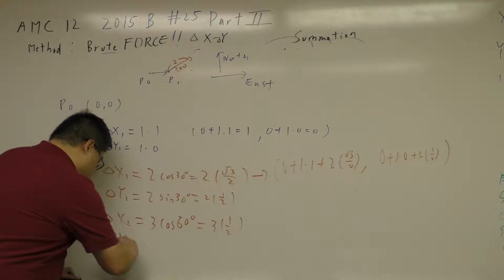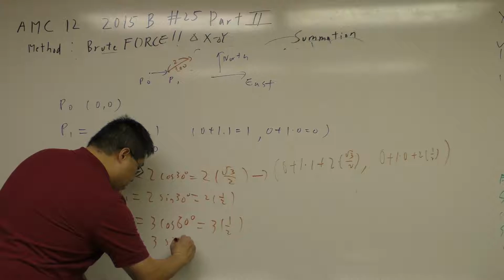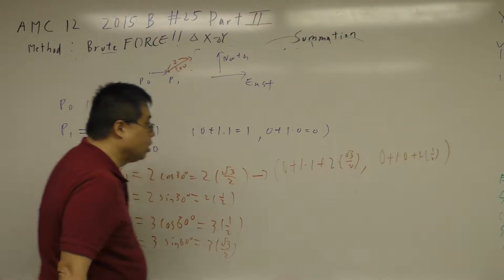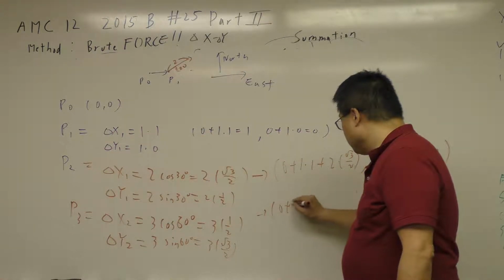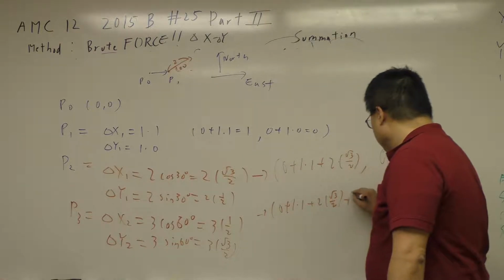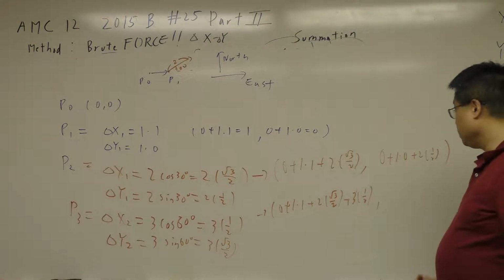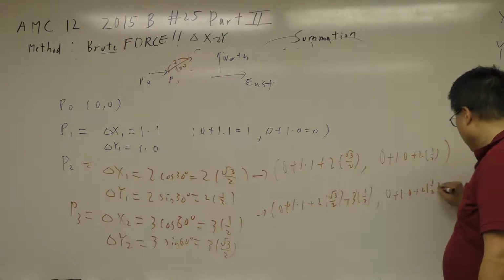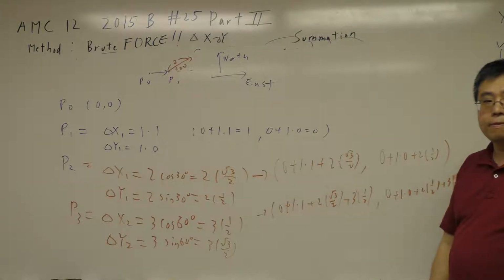The change in y is of course related to the sine, so 3 times sine 60 degrees. So that's 3 times square root 3 over 2. Put it all together, we have, for the x, 0 plus 1 times 1 plus 2 times square root 3 over 2 plus 3 times a half, and for the y, 0 plus 1 times 0 plus 2 times 1/2 plus 3 times square root 3 over 2.